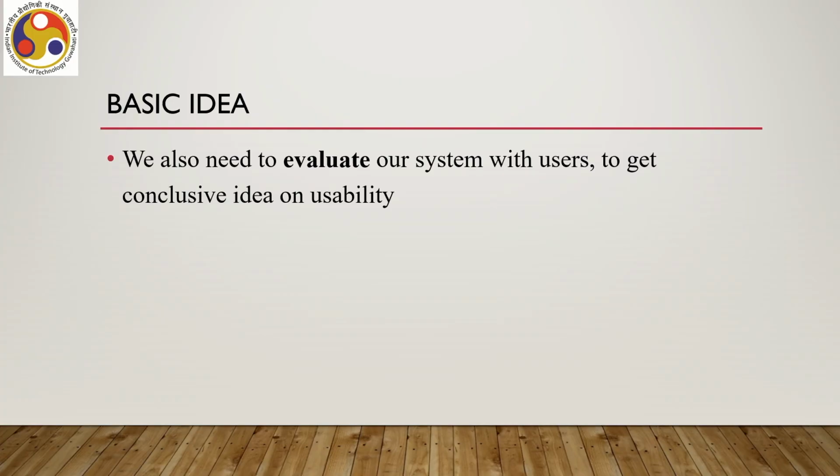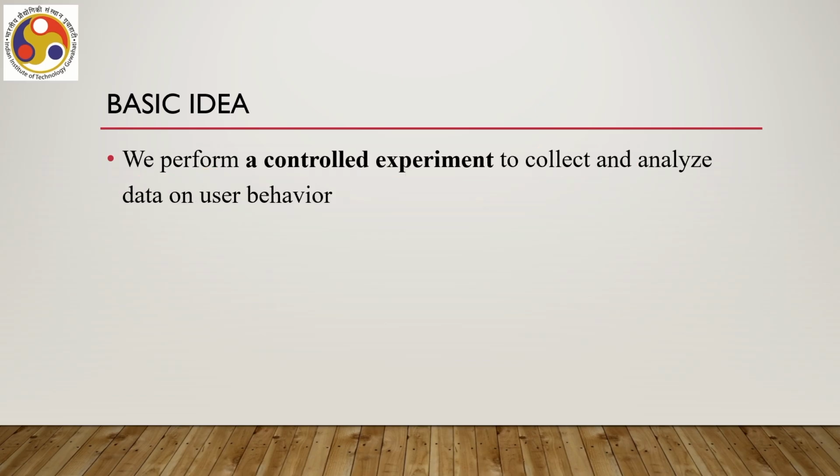For that, we need to evaluate our whole implemented system, preferably with a larger number of users, to get a conclusive idea on usability. Now, in order to get that conclusive idea on usability, what we need is a fully implemented system.